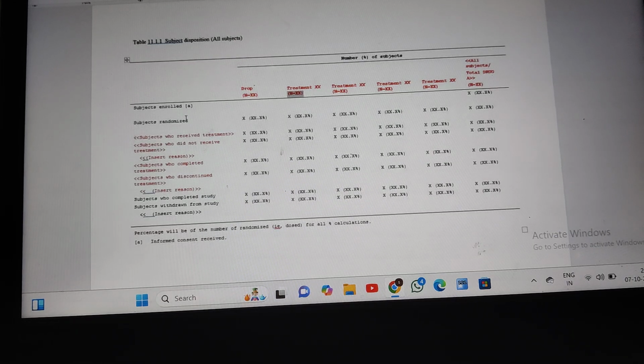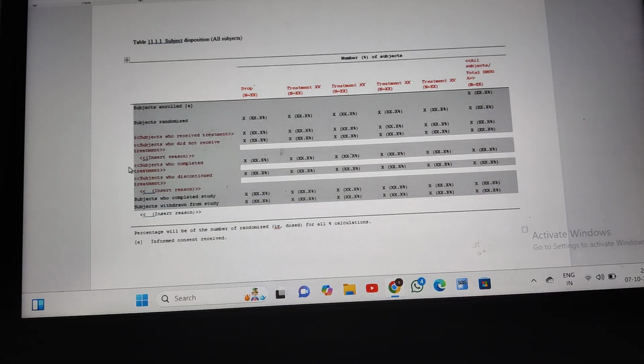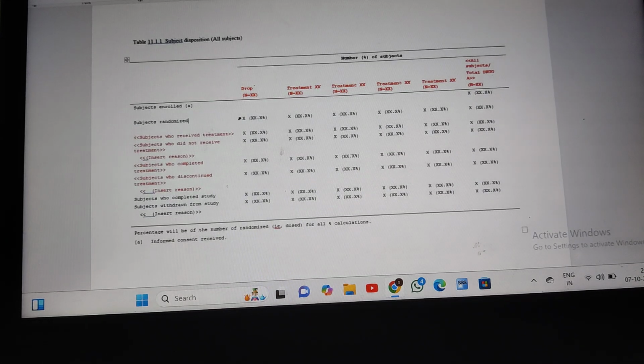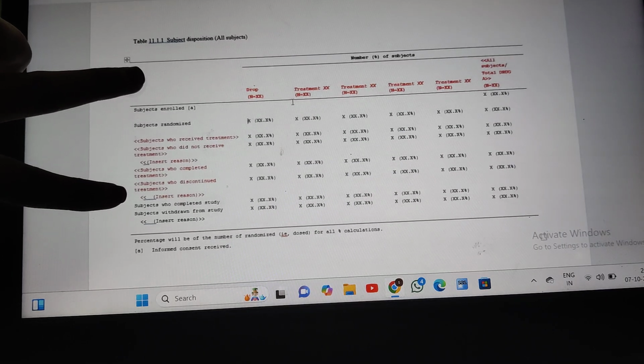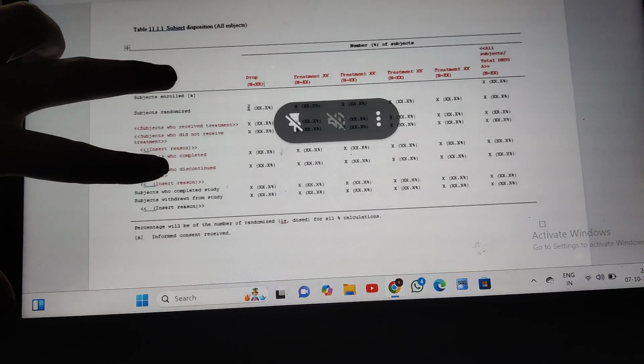So these are the table body, and then we'll have the different categories and the respective count and the percentage. This will be the percentage, this will be the count. This count we can call a small n, this is the big N, and this is the small n.